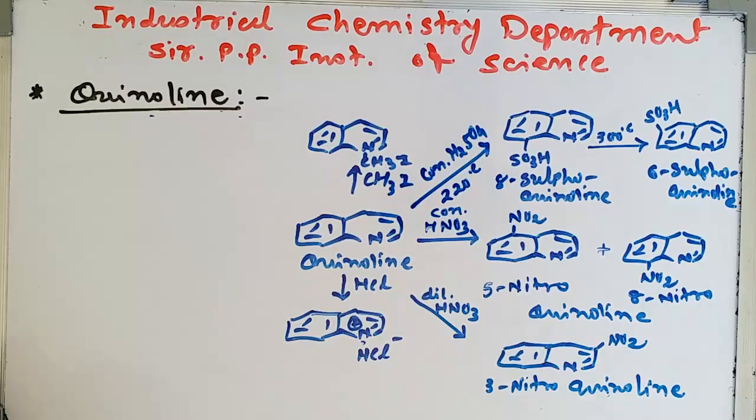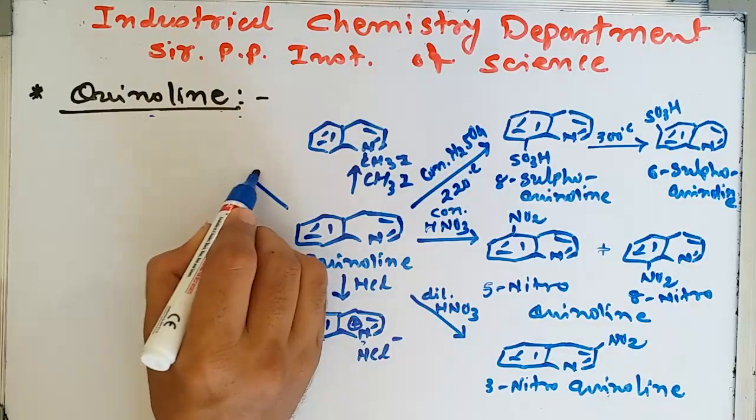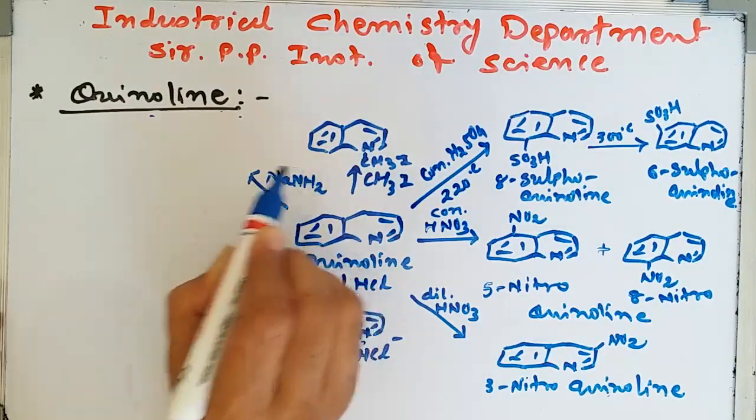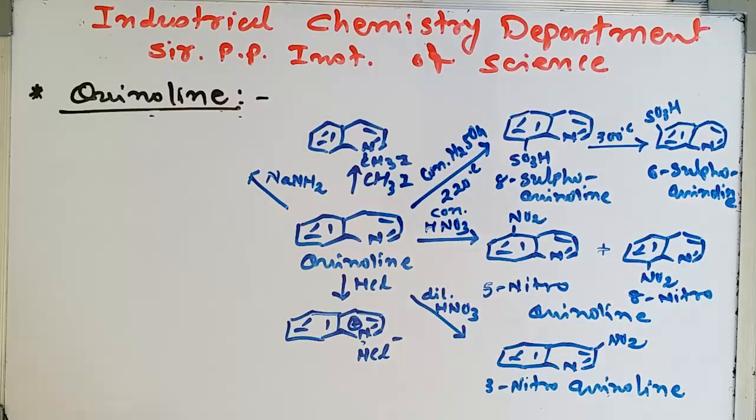So these are the electrophilic substitution with the help of nitration and sulfonation. With the help of sodium amide NaNH2, aminating and alkylating, we see nucleophilic substitution now.